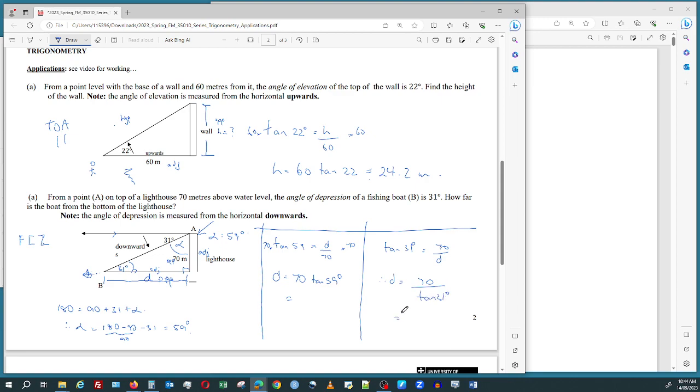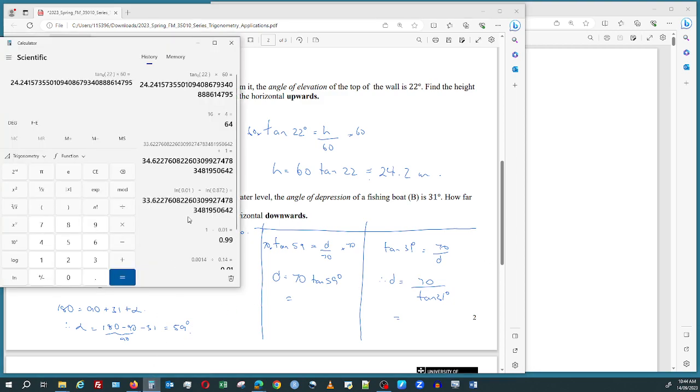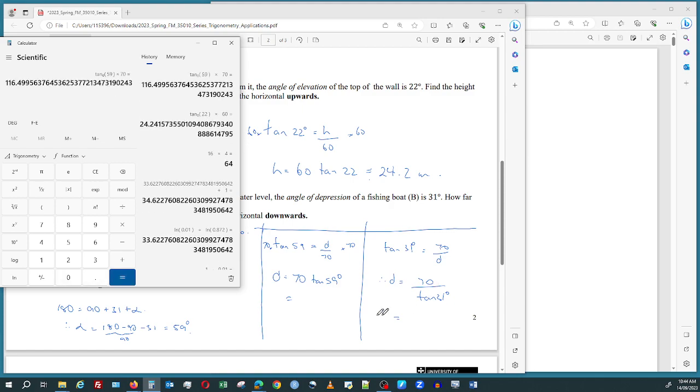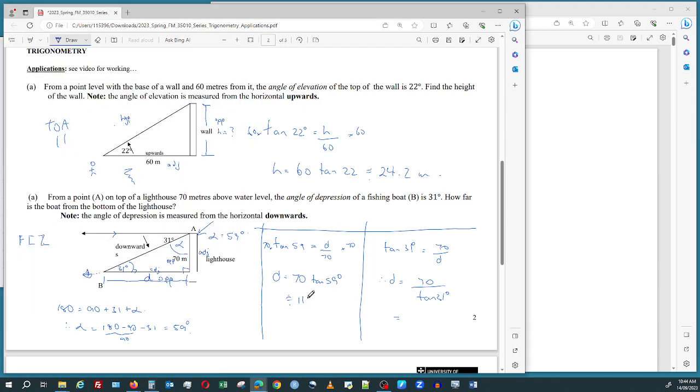So you can do both of those on the calculator to show that they're in fact the same thing. So tan 59 times 70, that was making up the extra angle, is 116.5.